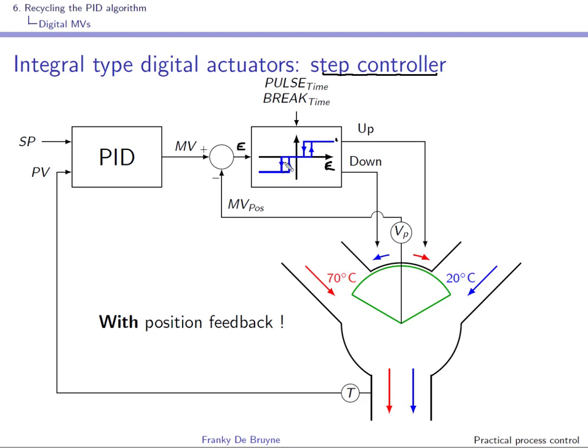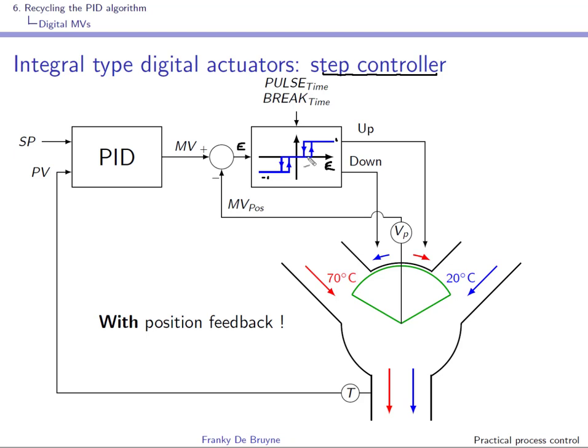If the error is sufficiently negative, then you'll have -1, and -1 corresponds to down, that is set to 1, so the three-way mixing valve will close. And if it is sufficiently small to be in this zone over here, up will be 0 and down will be 0, so the position of the valve will be maintained.